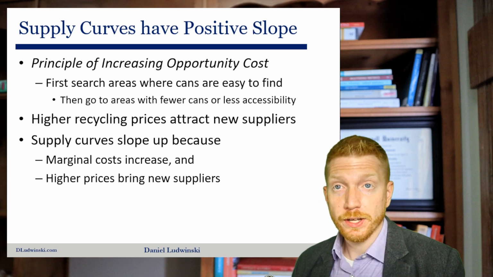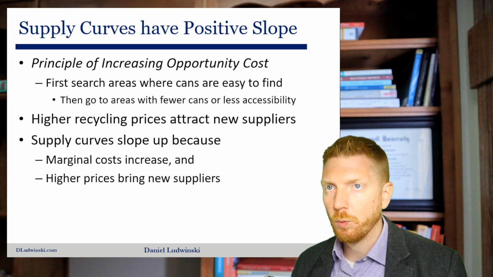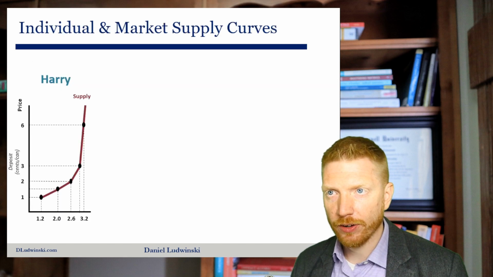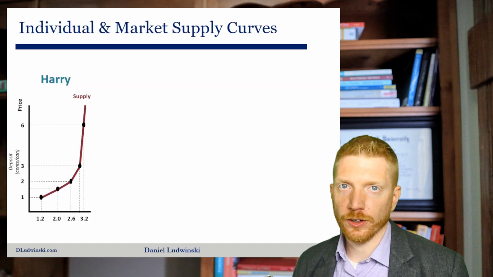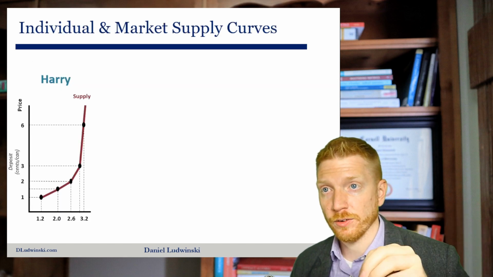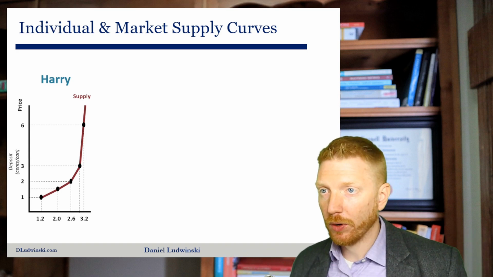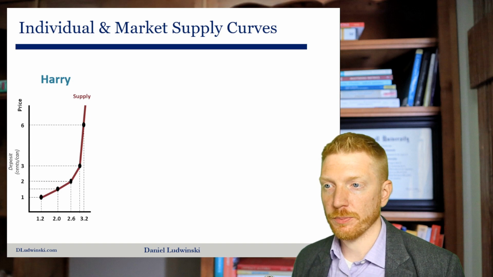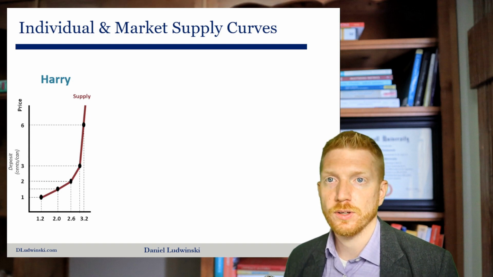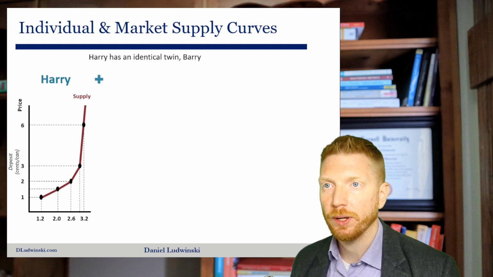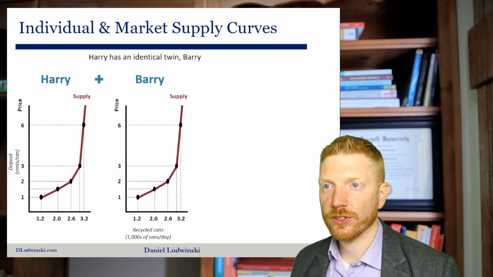Now, talking about different suppliers, if we want to think not just about Harry's individual supply curve, but about the supply curve for the market, all we need to do is combine everyone who is producing or potentially producing in this space. So let's say Harry had an identical twin, Barry. We would just add those two together.